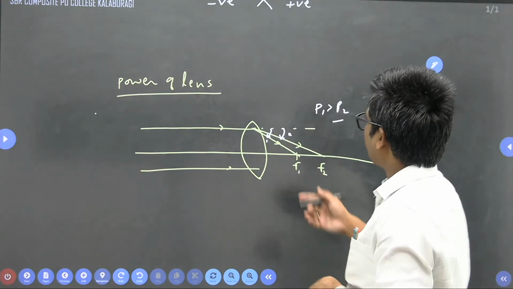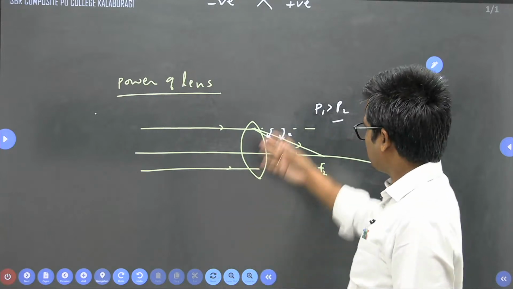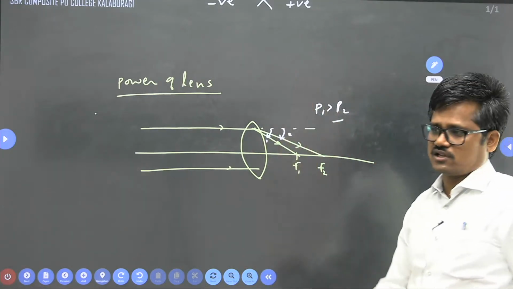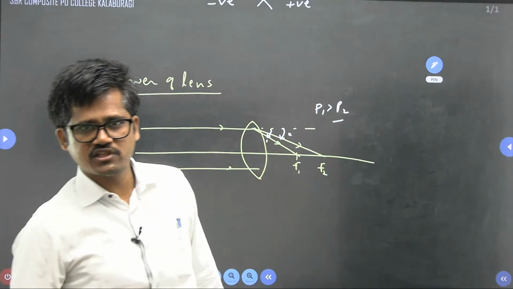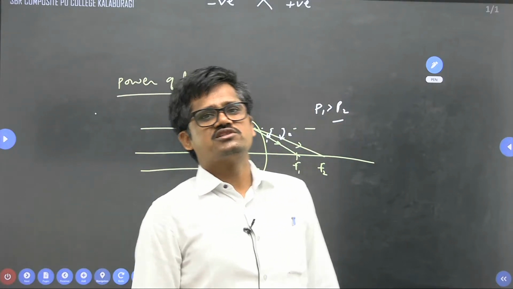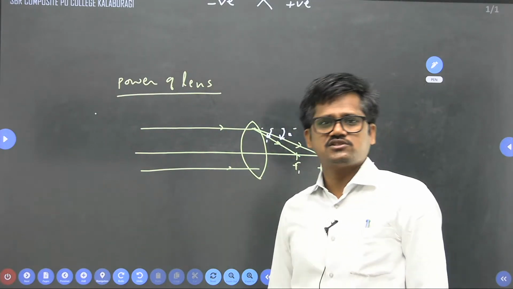In the same way for the concave lens, it is diverging: the more it has diverged the incident ray, the more we can say the power of that lens is.